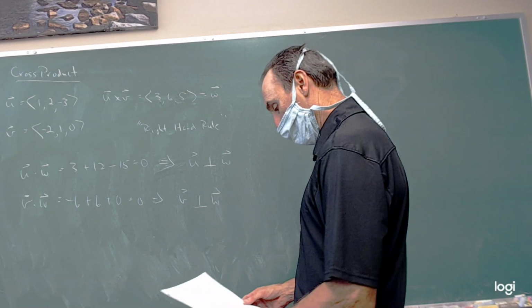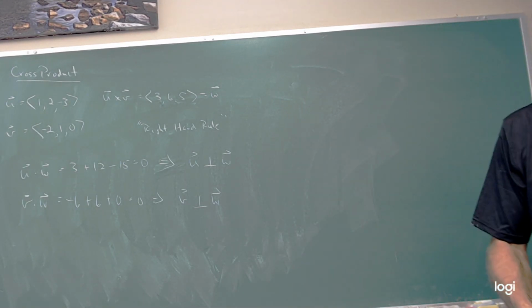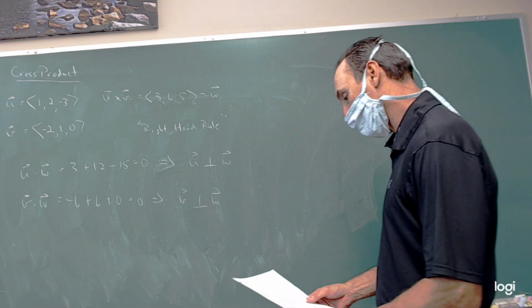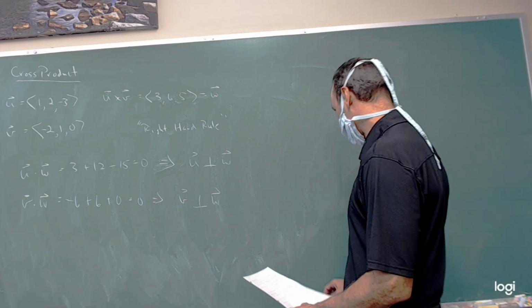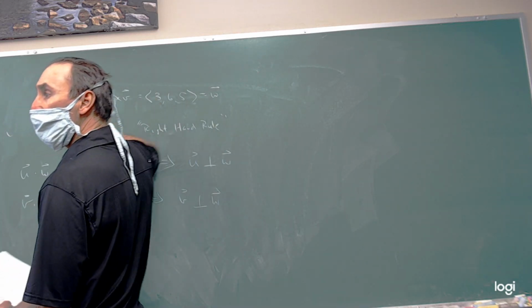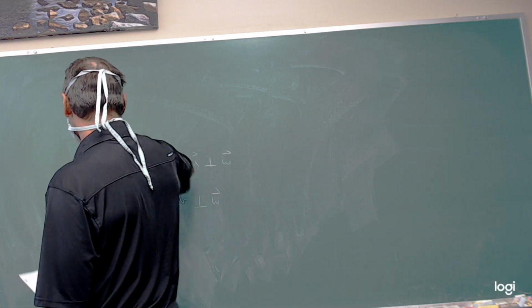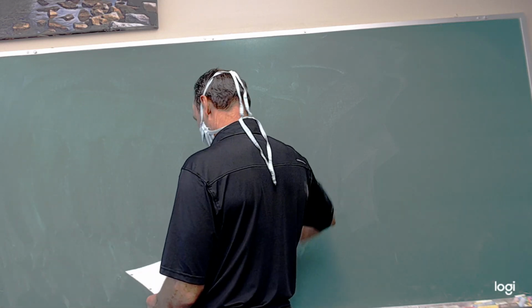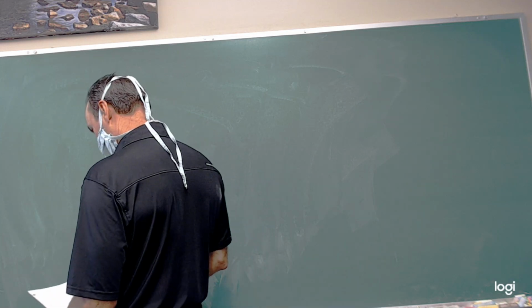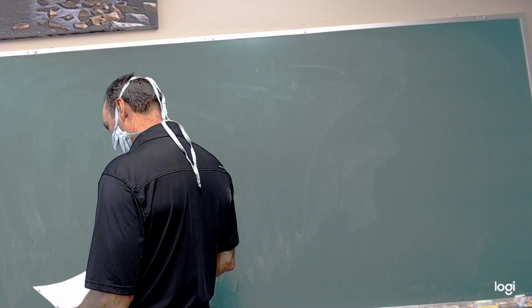Okay, so let's talk about some properties of this cross product. Did we do this? How did we do this? We did the u cross v equals negative v cross u, and then the v cross u is parallel to v and u.